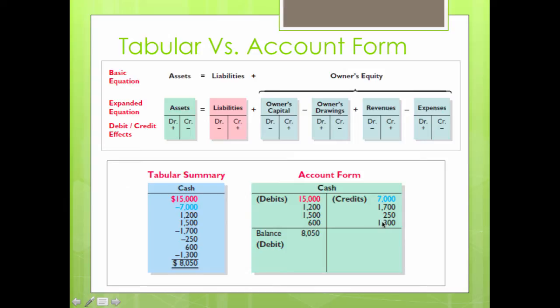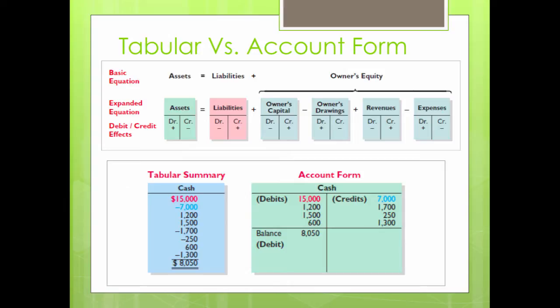If you refer back to your best friend here at the top, when we deal with assets, we record positive numbers under debits and we record negative numbers under credit. So we record positive numbers under debit, or the left side, and we record negative numbers under credit or the right side.